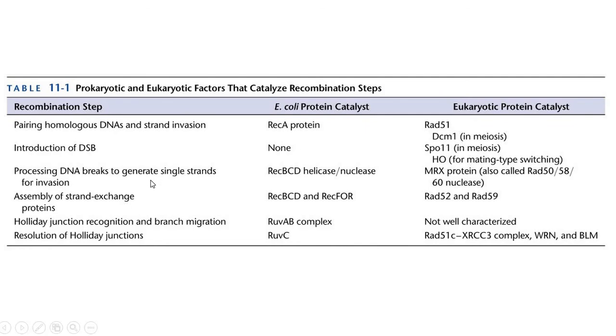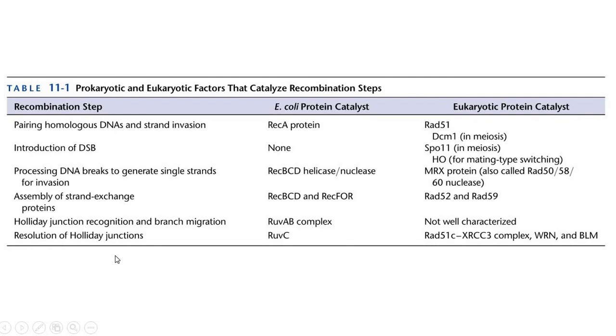Processing of DNA breaks to generate single strands for invasion is done by RecBCD, a helicase-nuclease, in E. coli, and the MRX proteins, which are also called RAD50, 58, or 60 nucleases, in eukaryotes. Assembly of strand exchange proteins is by RecBCD in E. coli, and RAD52 and RAD59 in eukaryotes.